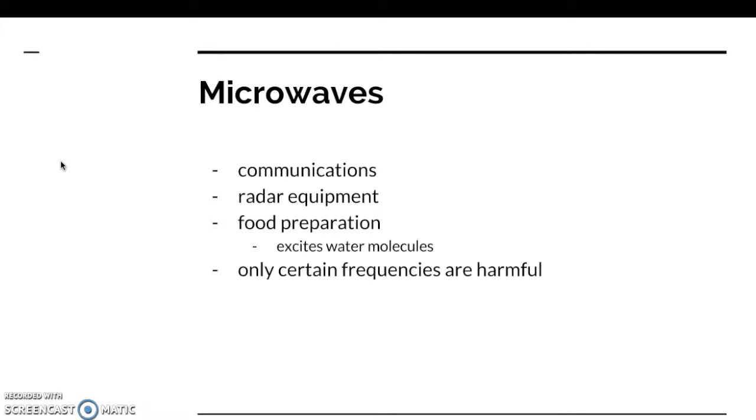And they're used for communications, radar equipment, and food preparation in your microwave. And microwaves work by exciting the water molecules. And compared to gamma rays, they're really not that harmful. Only certain frequencies are harmful to you. But these guys, you really don't have to worry about them being really dangerous or anything.